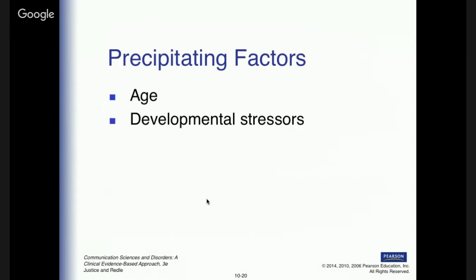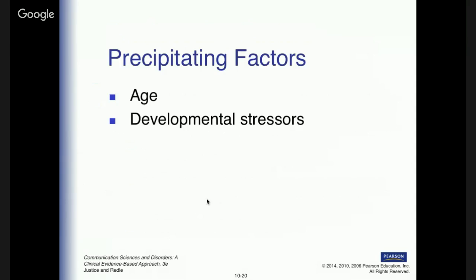All right. Then we've got precipitating factors, which are factors that can sort of increase or decrease the amount of stuttering that we'll see that the person will present with. One can be age. It can be really hard as a teenager. Also, right, the stuttering is going to start at age 2 to 4, right?